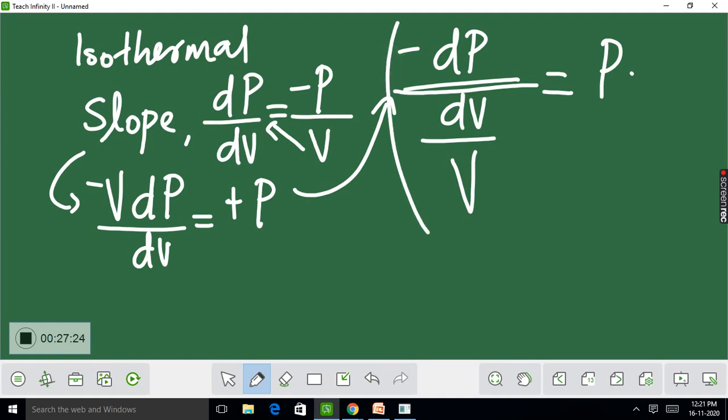Now look at this expression. What is its meaning? The denominator is dV by V, that is, change in volume divided by original volume.